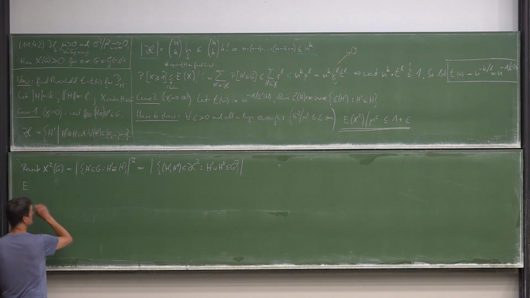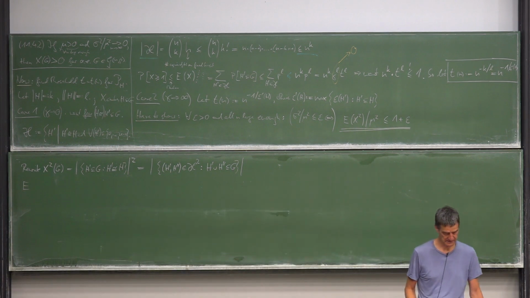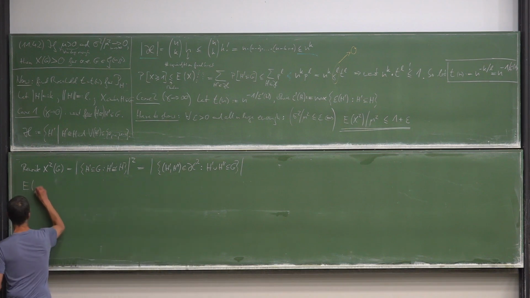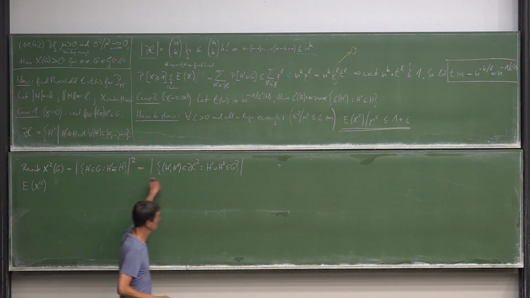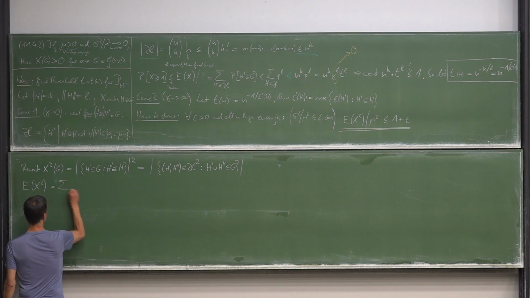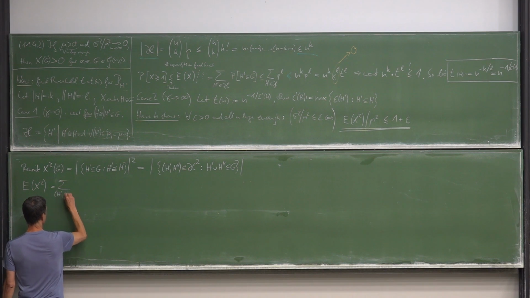The expectation of x squared, and I'm using this phrasing for x squared now, is simply the sum over all the rows. There's one row corresponding to every pair.